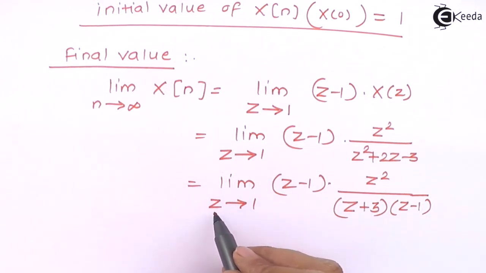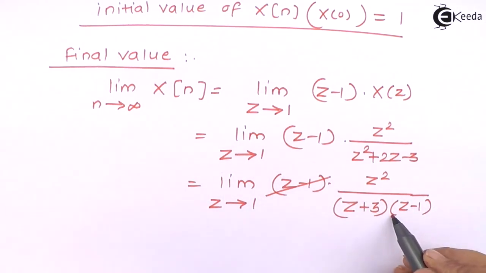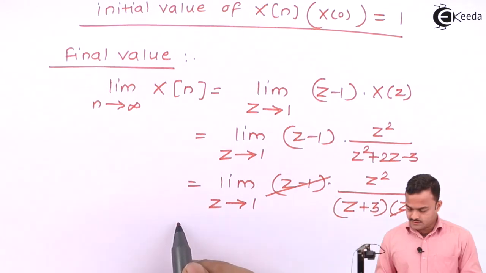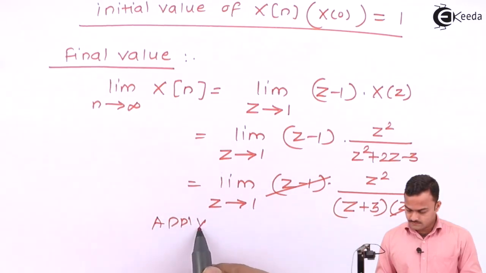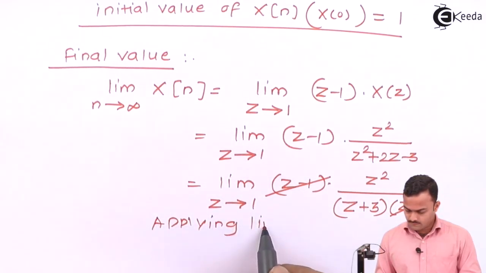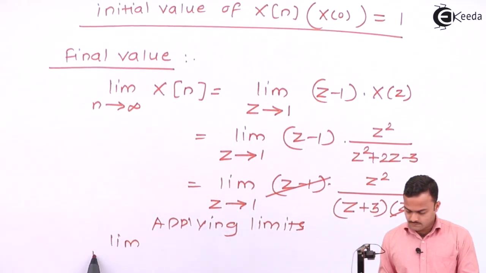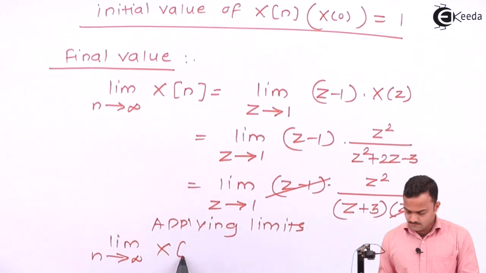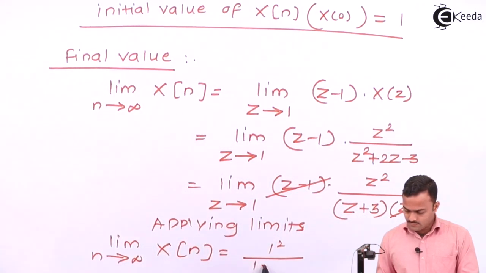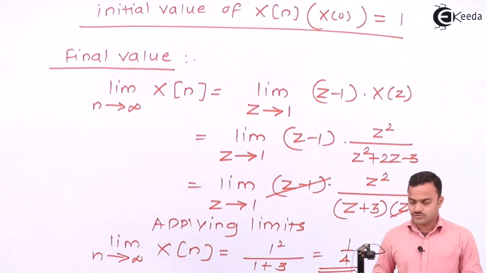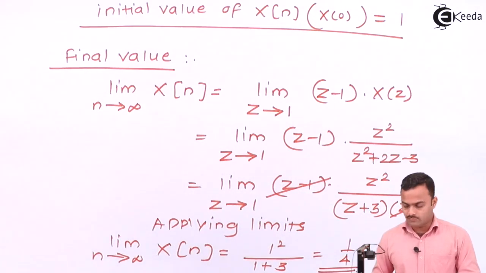Since z is tending to 1, that means z minus 1 is not equal to 0, so we can cancel it, and applying limits we get the final value as 1 square upon 1 plus 3, which is 1 by 4. So the initial value of x of n is 1 and the final value is 1 by 4.